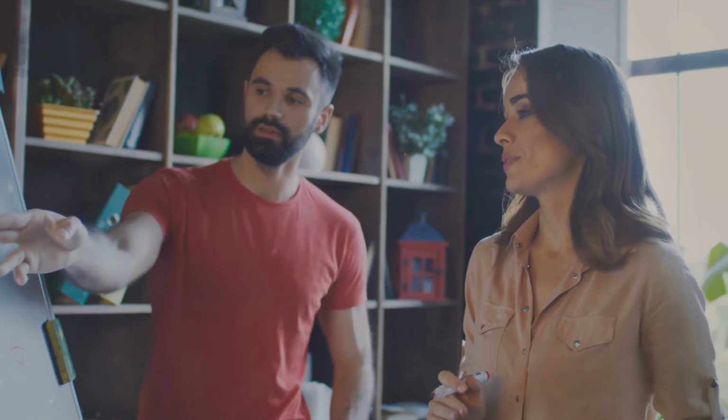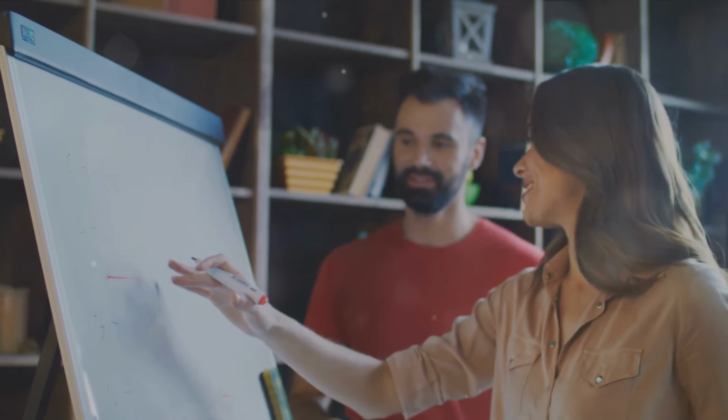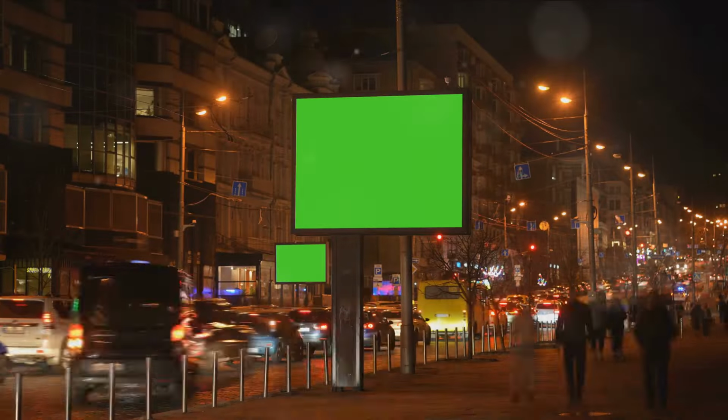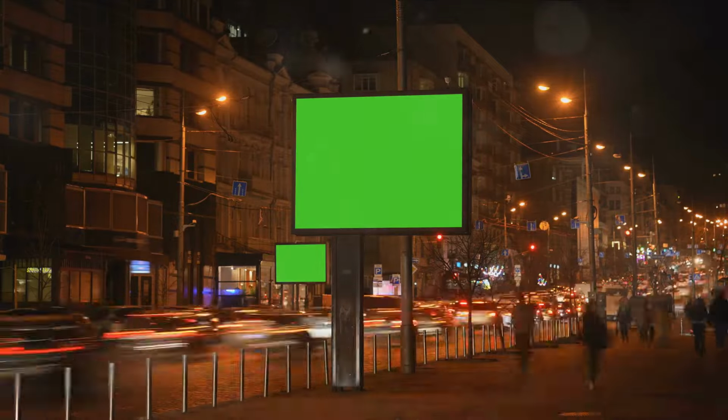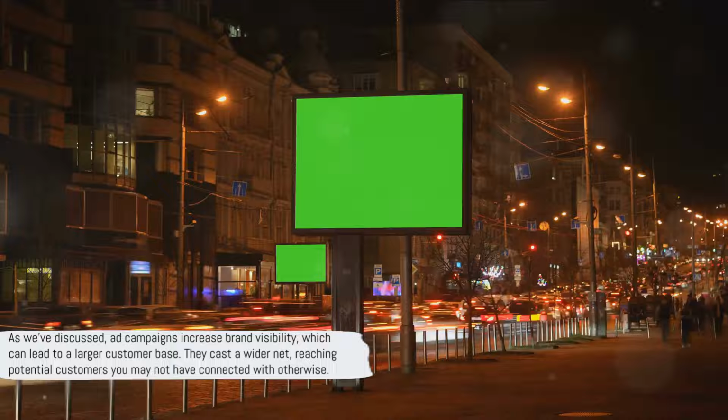They also allow businesses to reach their target audience more effectively. Remember the example of targeting young fitness enthusiasts in New York or retired gardeners in London? With ad campaigns, you can send your message straight to these specific groups, leading to higher conversion rates. It's like having a GPS that directs your brand message to the right people at the right time.